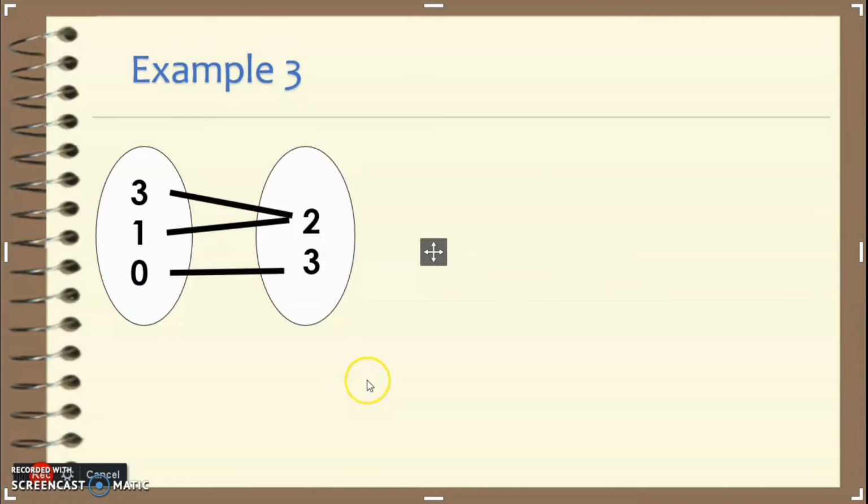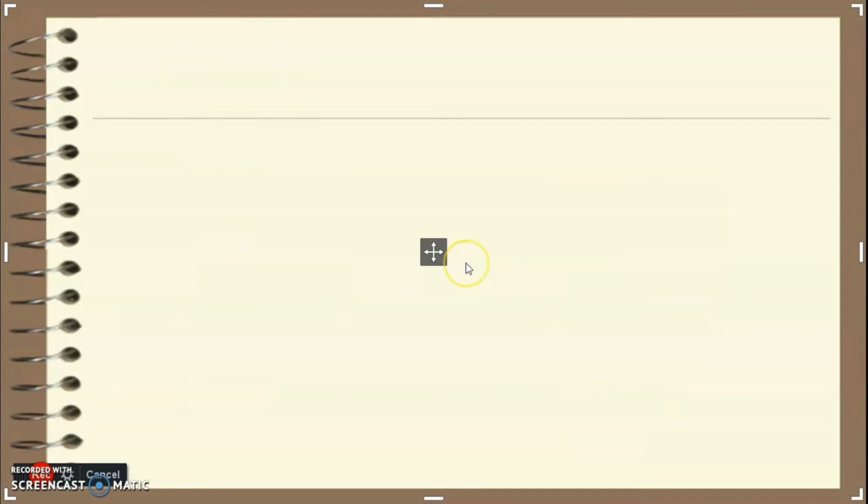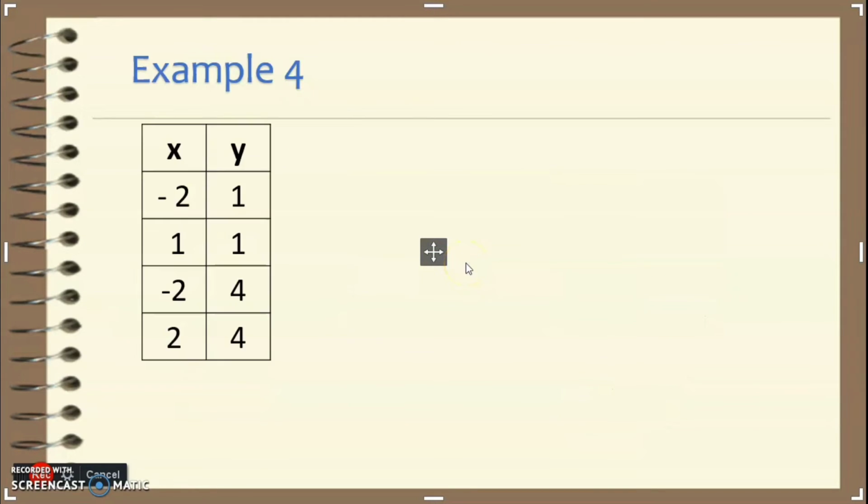Example number 3, meron tayong diagram. Okay. Ito ay function kasi one-to-many. Then, ito ay not. Example number 4, meron tayong table. Pansinin ninyo yung table sa domain niya or the x-coordinate.